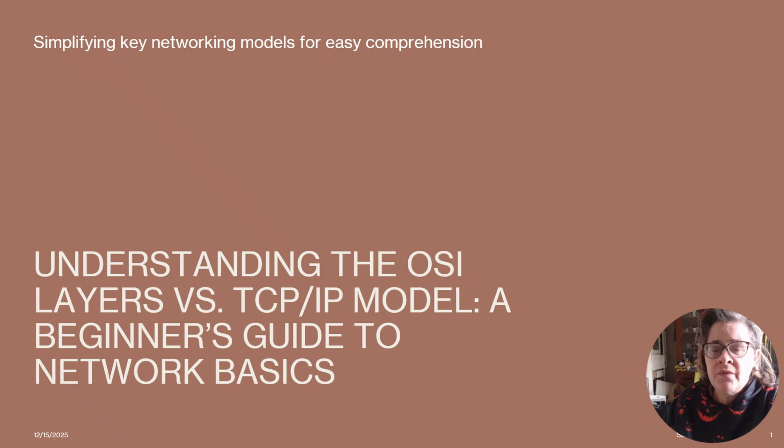Okay, so the following presentation hopefully offers a clear introduction to the fundamental concepts of computer networking, focusing on the OSI and TCP/IP models. Explore the structure, purpose, and practical applications of these models to help beginners grasp how data travels across networks.